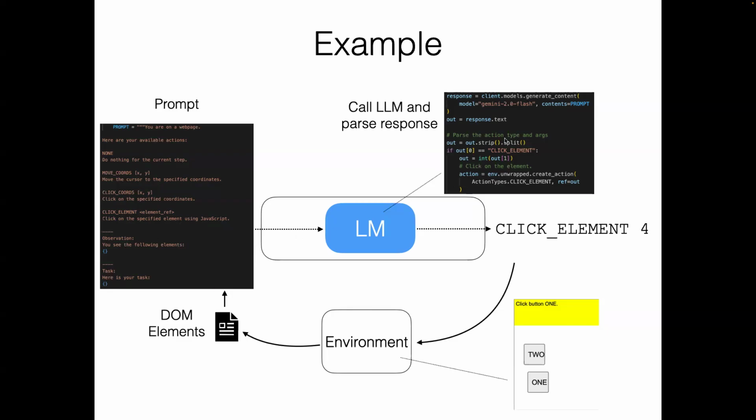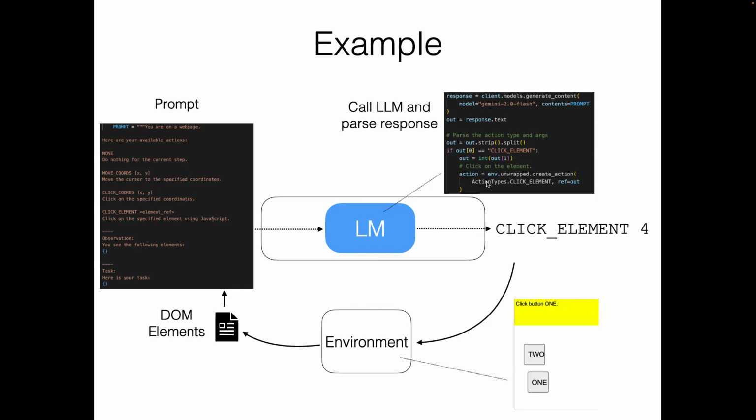Now you could just call a language model. This one's calling Gemini through the API, and then you could get some output. Then if the language model outputs click element, you get the element number and you make an action. So this is a language model agent.